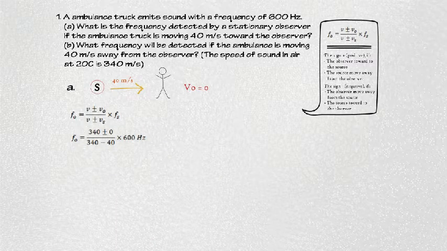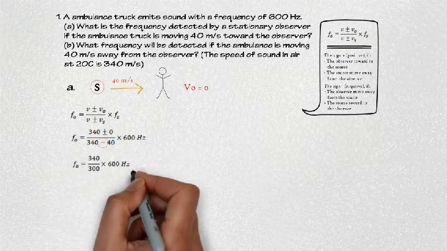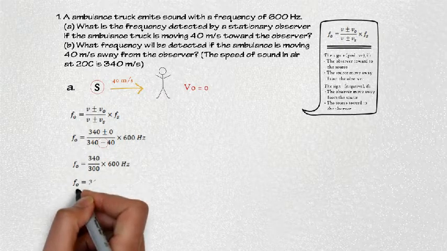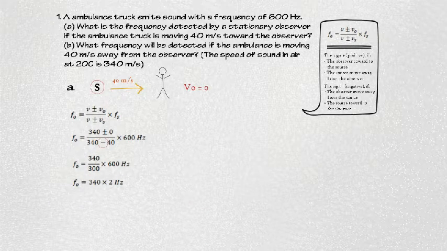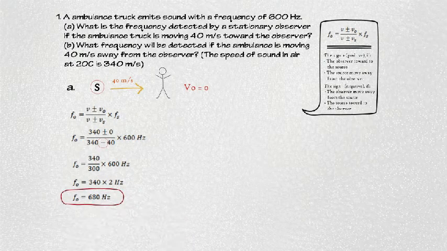We input the velocity of sound in air, 340, and the velocity of the source. Why is the value negative? Because the source moves toward the observer. So the frequency of the observer is 680 Hz.